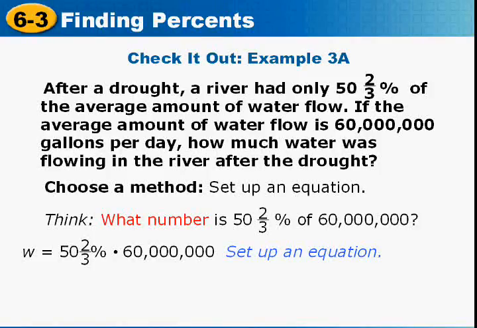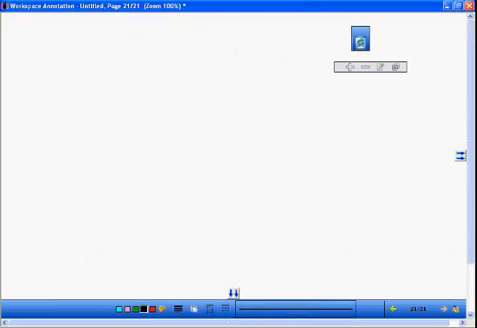Is means equal, of means multiply. I just brought everything down around it. What number equals 50 2/3% times 60 million? The first thing I need to do is change this percent to a decimal. So I have 50 2/3%, which essentially is 50.6 repeating percent, because 2/3 equals 0.6 repeating.